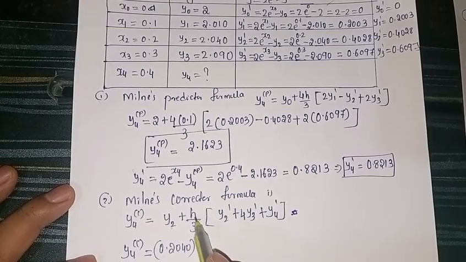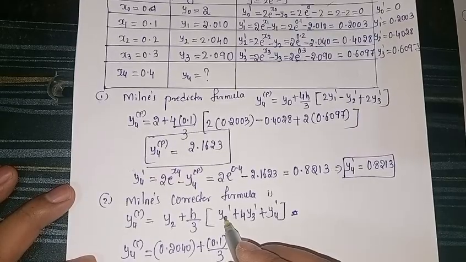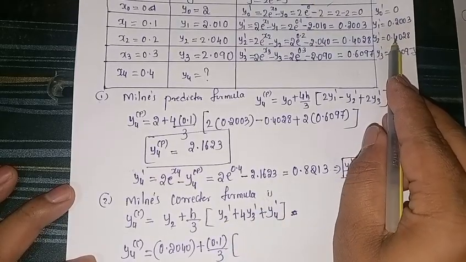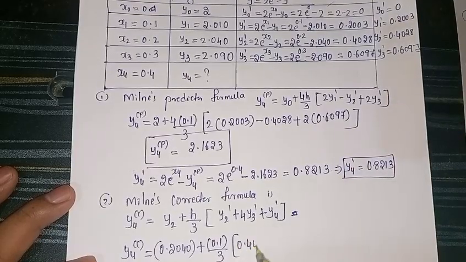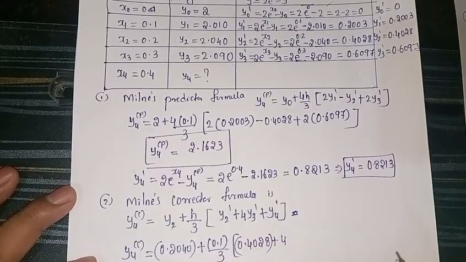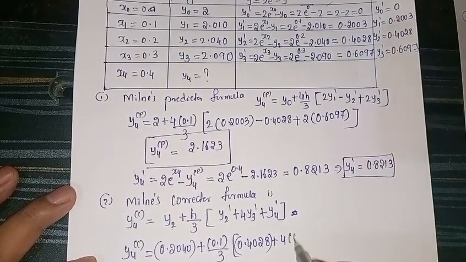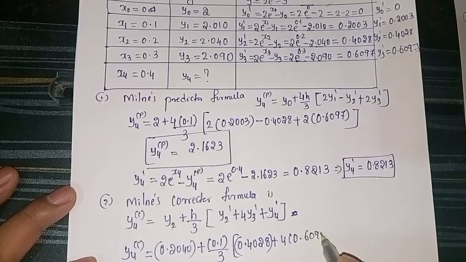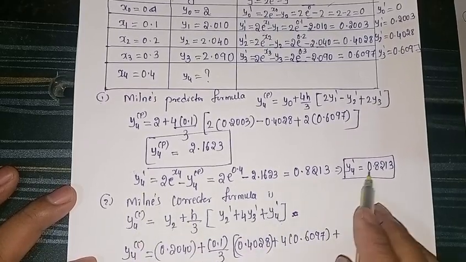0.2040 plus h by 3. The h value is 0.1, so 0.1 by 3. y2 dash is here 0.4028, plus 4 into y3 dash, which is 0.6097, plus y4 dash we have here.